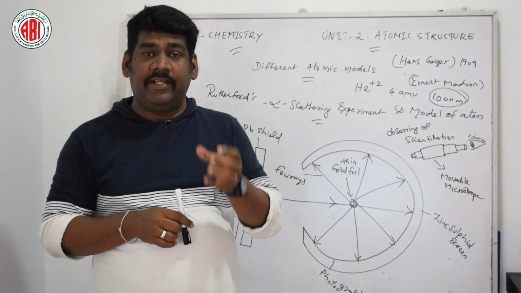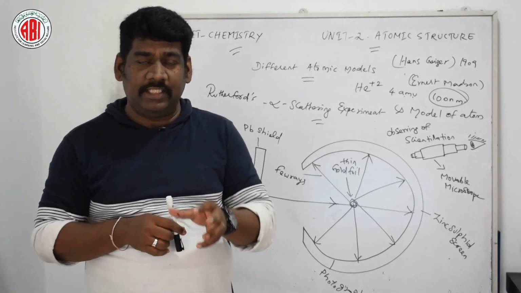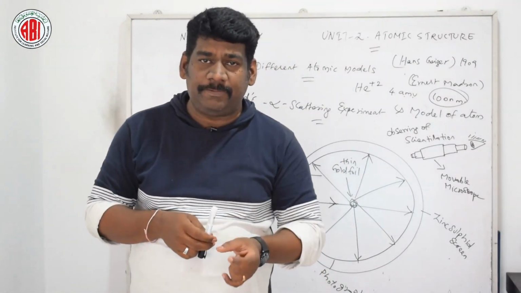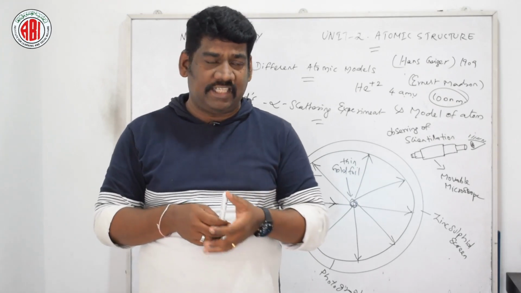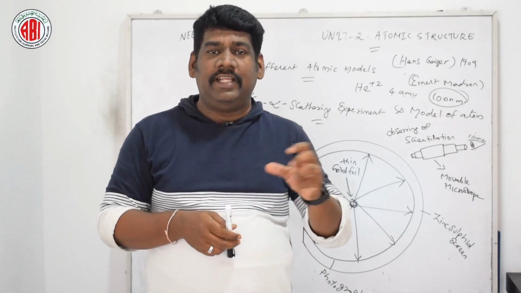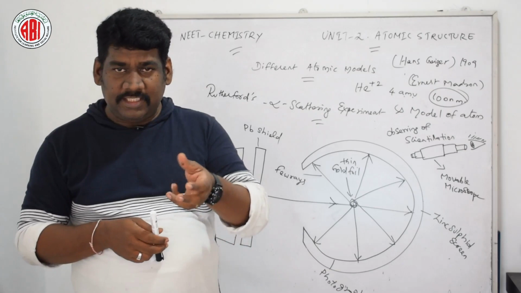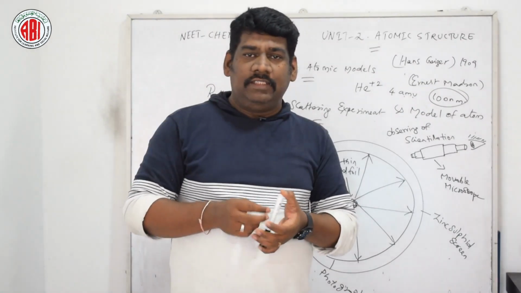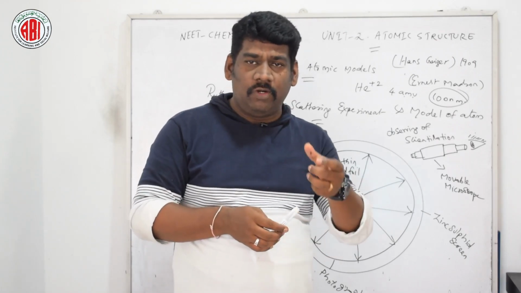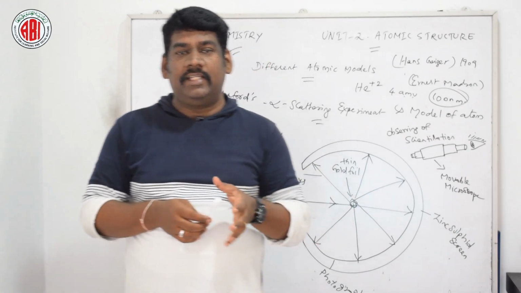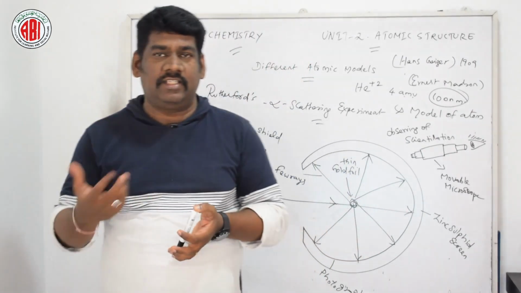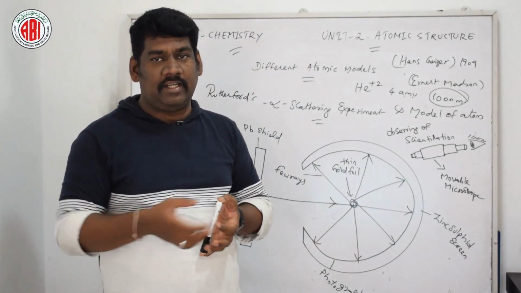There is a heavily positively charged mass present at the center of an atom, and moreover this mass must be occupying a very small space. That is the reason the positively charged alpha particles could be deflected by this mass present at the center. Now, the strong deflections, even the bouncing back of these alpha particles from the gold foil, were explained by direct collision with the heavily positively charged mass present in the atom.